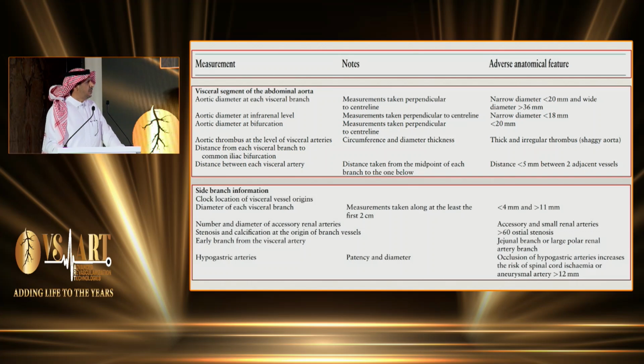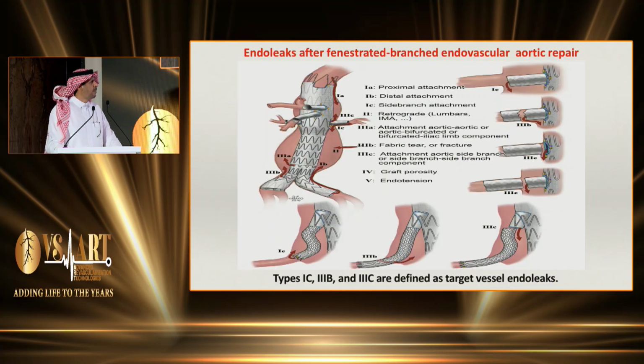In general, you have to consider atherosclerosis and thrombus in the wall of the aorta, and the distance between each visceral artery not less than 5 millimeters. For the side branch target, you have to look at the angulation and diameter of each visceral vessel, not less than 4 millimeters, and you have to consider accessory vessels originating at the hypogastric.